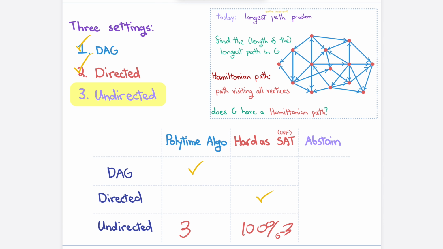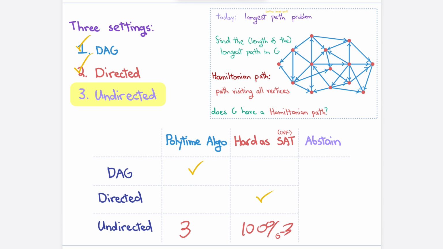In that case, does anyone want to propose a way to show that the undirected version is also hard? Maybe your question is, if I want to show undirected is hard, what's a nice choice of problem to start from? Yeah, directed.